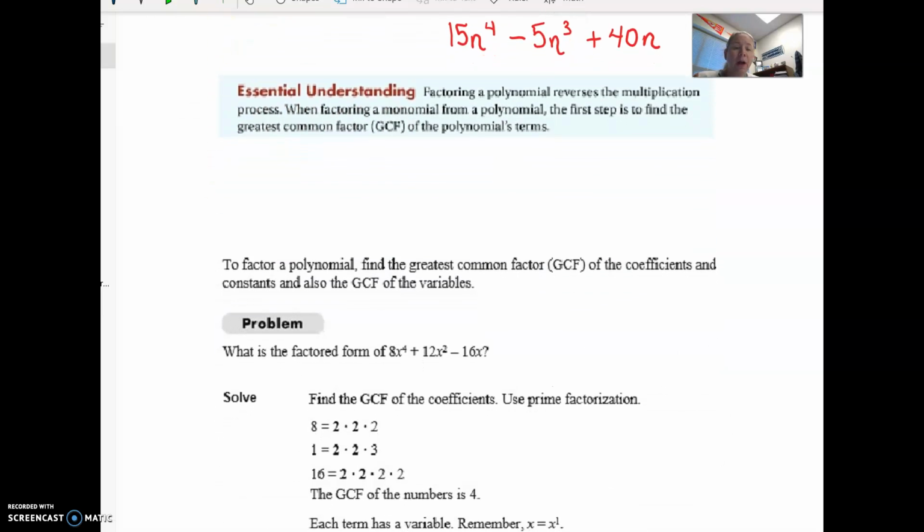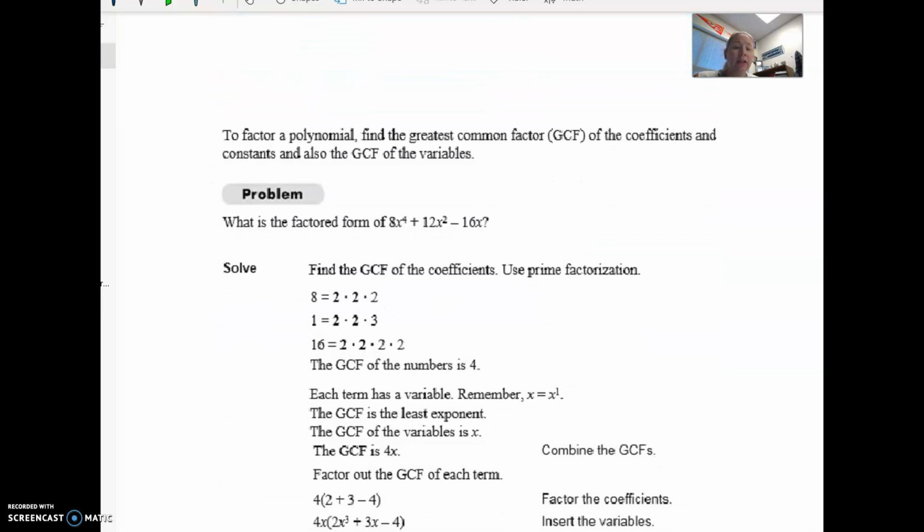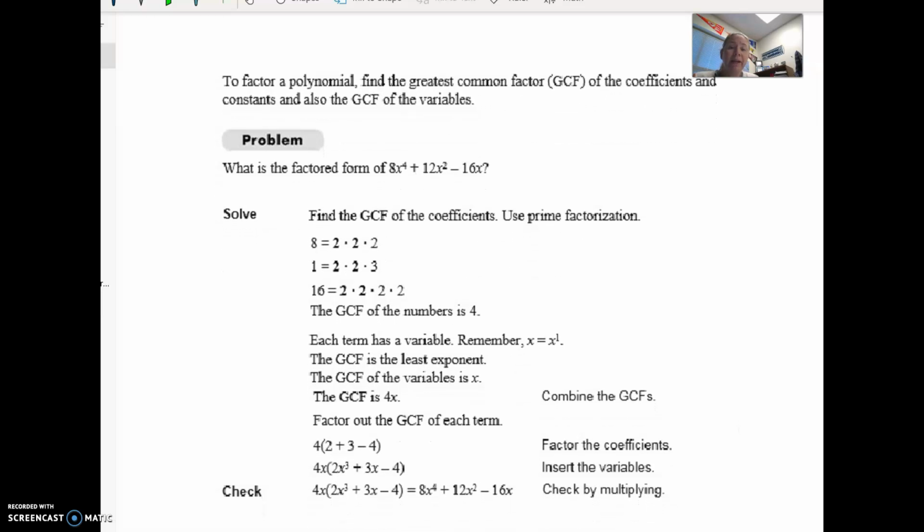So to factor a polynomial, we'll start by looking for the GCF. In this example here, we want to look at the 8, the 12, and the 16. Now, they write them out in expanded form, what we call prime factorization. I generally just think about what's the greatest number 8, 12, and 16 all have in common?